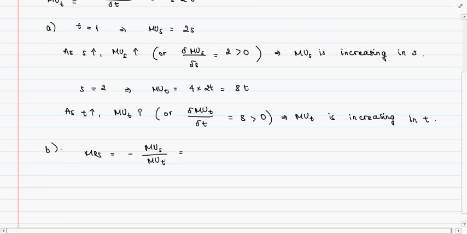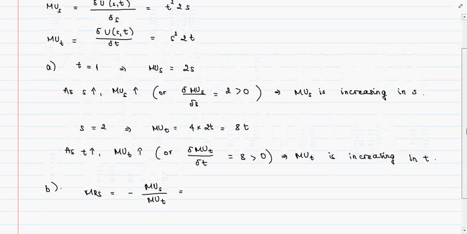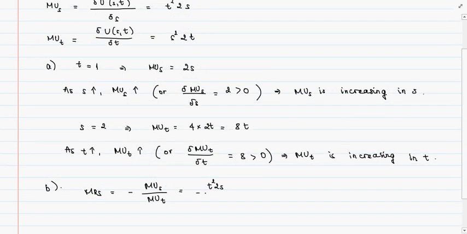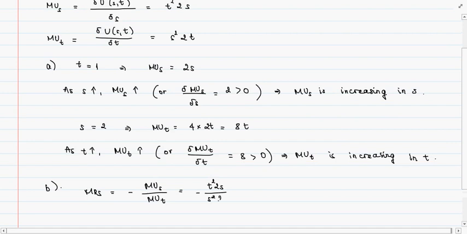It doesn't matter whether you put s in the denominator or the numerator; either way is correct. In this case I will put s in the numerator, and that gives me negative 2s t squared divided by s squared 2t.